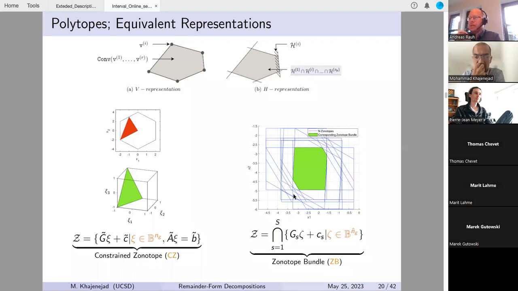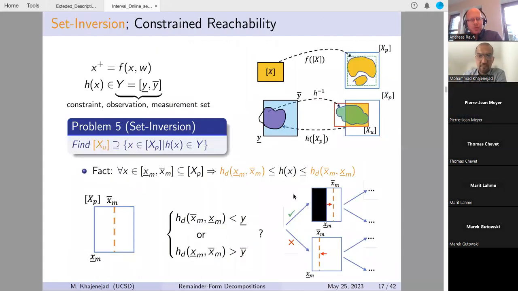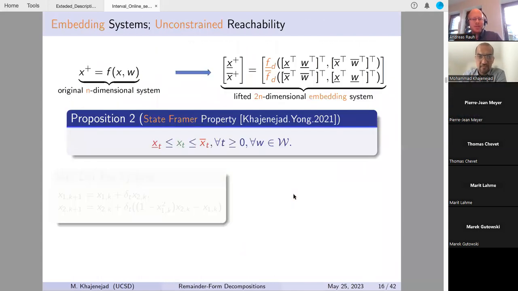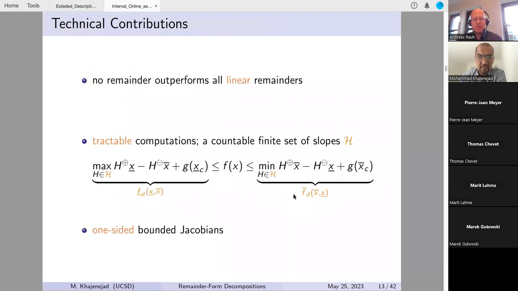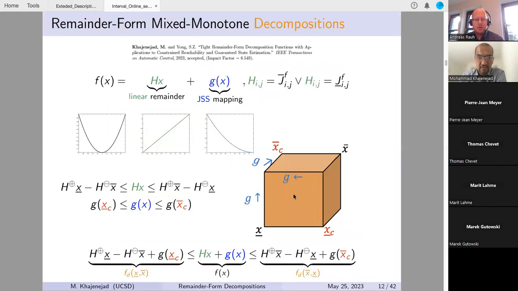Where you introduced the linear remainder term, do you have any recommendation in the case where your linear term would efficiently be described by an interval matrix? How to parameterize or how to optimize this representation Hx plus g(x)?